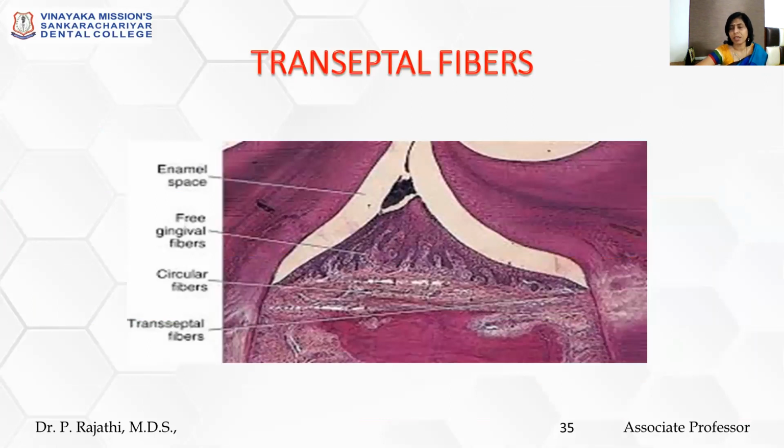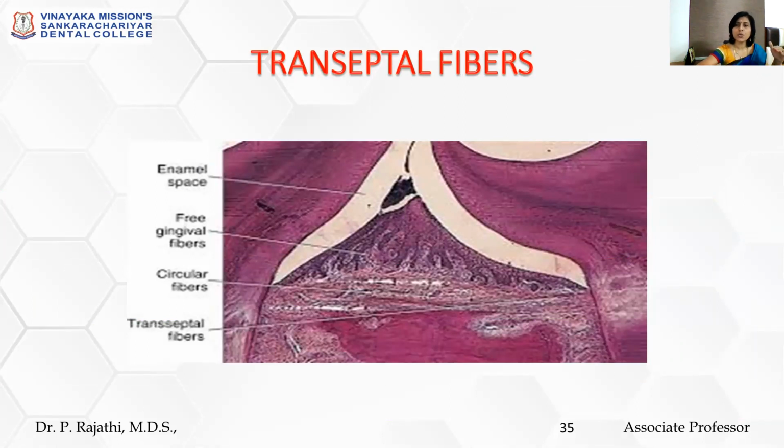Next, apart from the five principal fiber groups, there is one more group, the transseptal fibers. The interdental bone separates two teeth, and that is the septum.